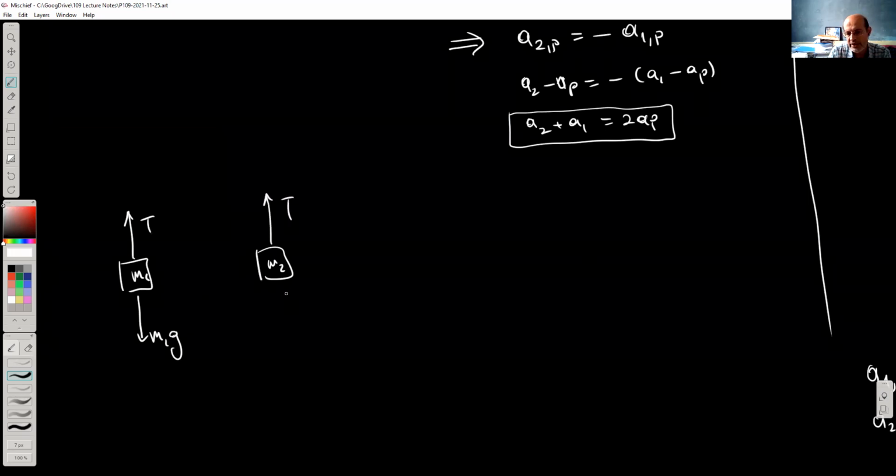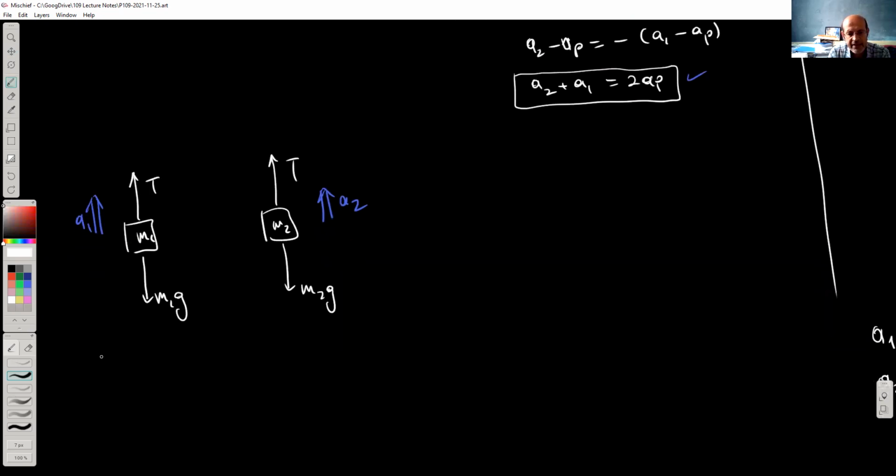So here too, the tension is upward and the weight is downward. And I know that this has an acceleration of A1 in the upward direction, and that has an acceleration of A2 in the upward direction. And then we have this relationship here. So let's write this down.